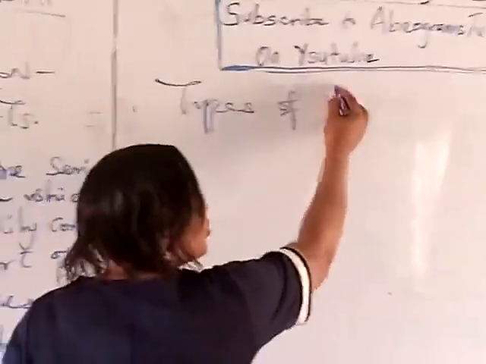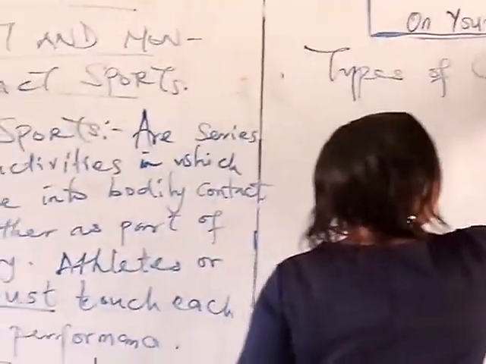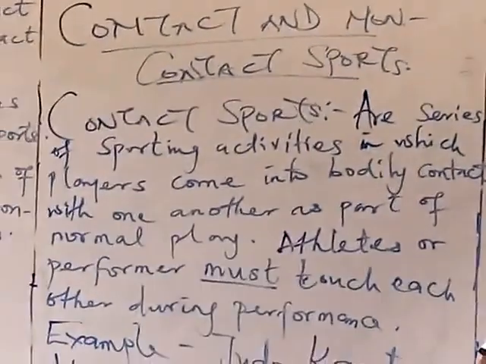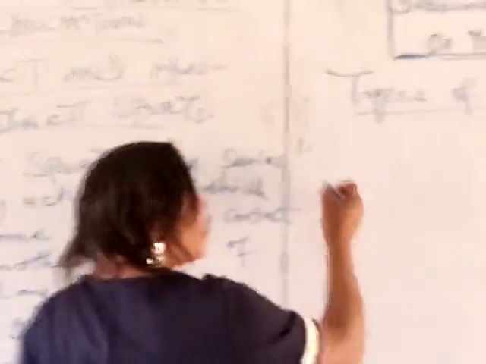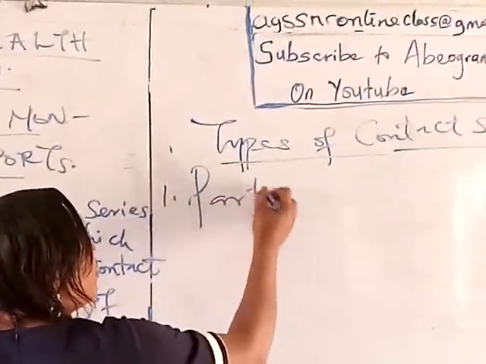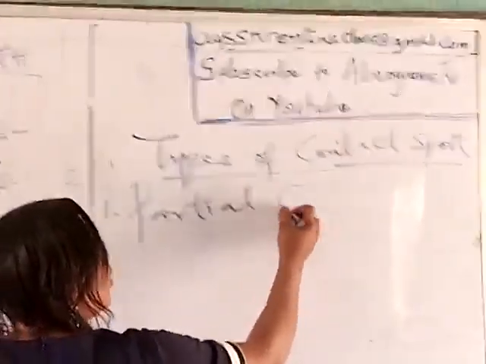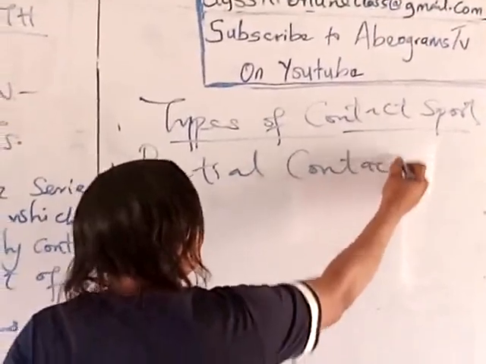I am talking about types of contact sports. The first type is partial contact.